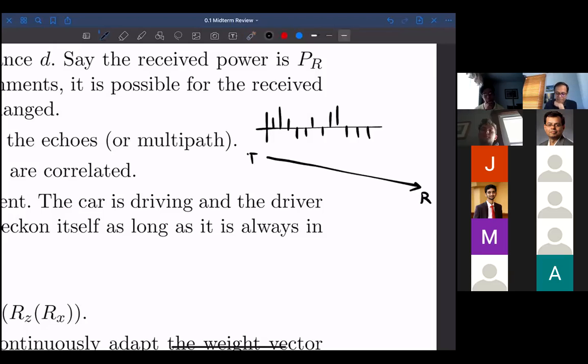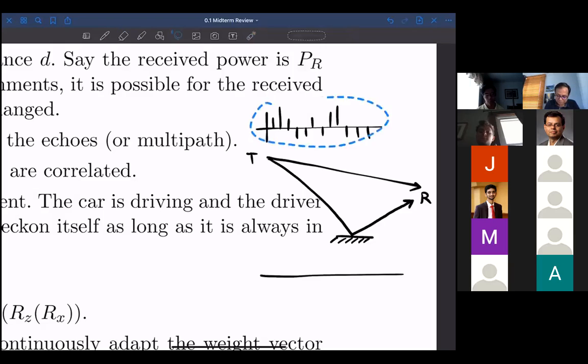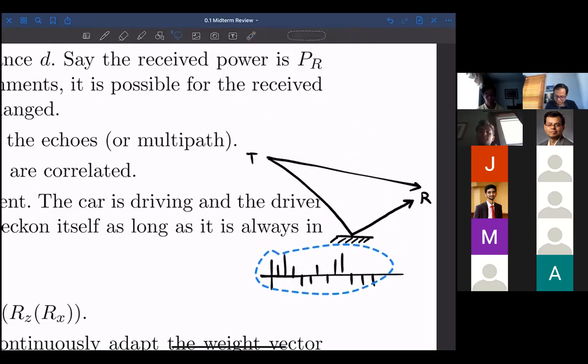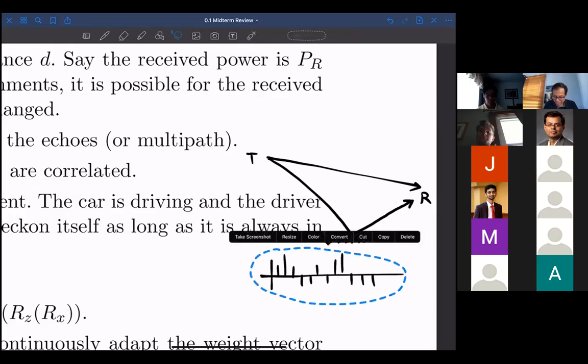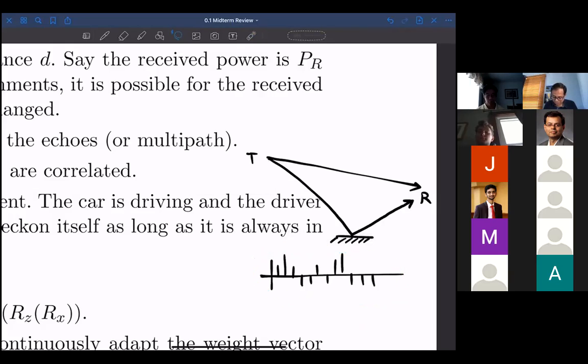And the echo is basically a reflected path. So if you look at what the receiver is receiving, the receiver is receiving this signal directly, and then a copy, and this echo is coming at a later time and getting added up.